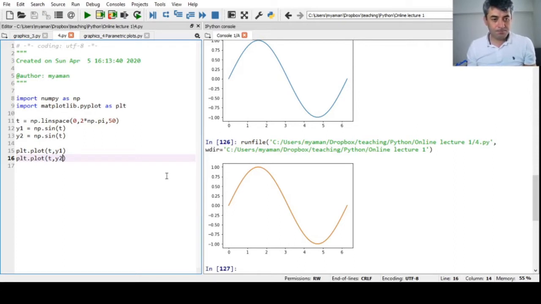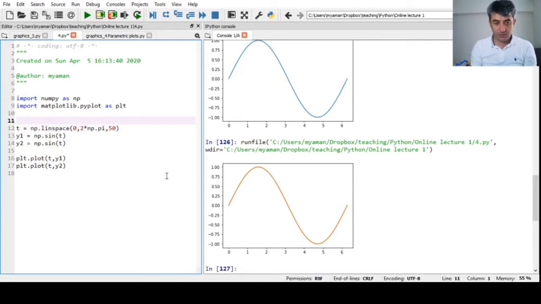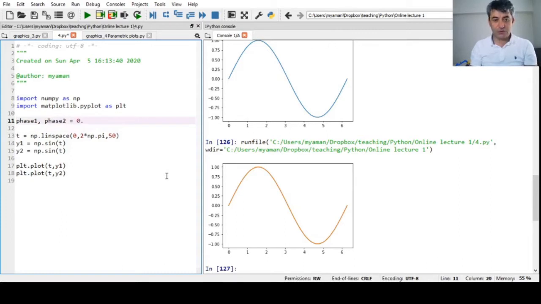Now let's begin first with the phase vector. So let's say phase 1 and phase 2. So let's say the phase of the first curve is 0.5 and the next one is 0.